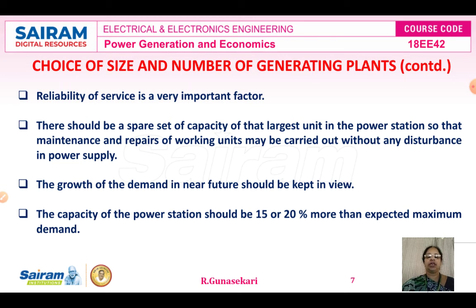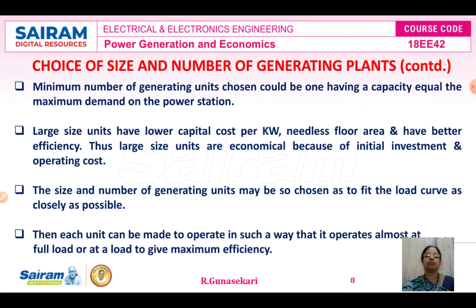The capacity of the generating station should be 15 or 20% more than the expected maximum demand. The maximum number of generating units chosen could be one having a capacity equal to the maximum demand on the power station.